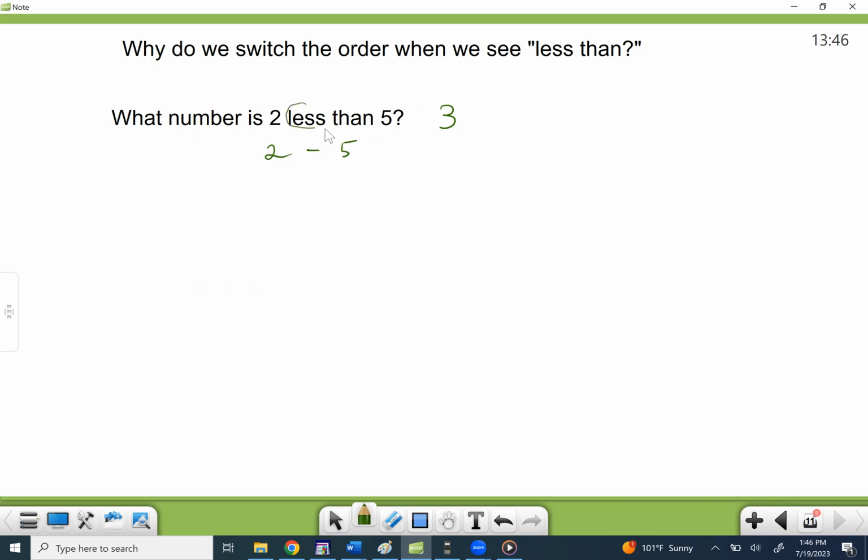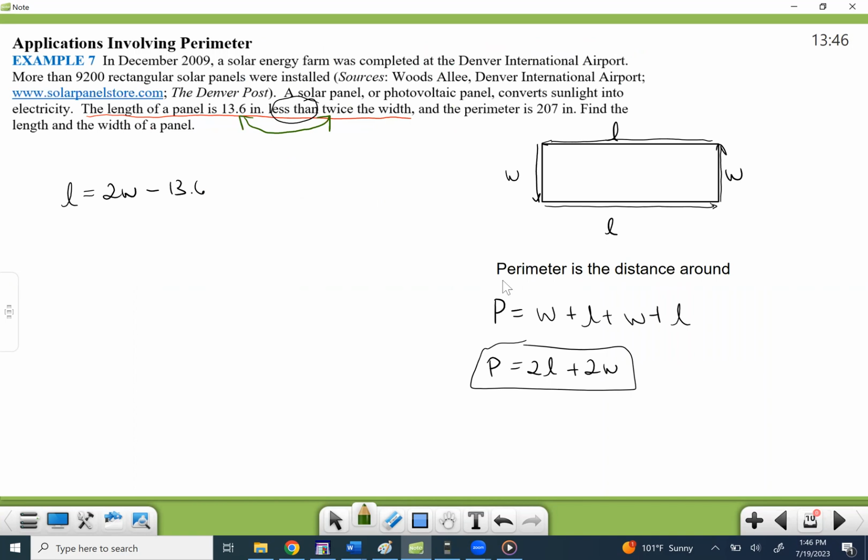We actually took the two numbers and switched the order and said 5 minus 2. That's the one that gets us 3. So anytime you see the words less than, make sure you switch the order. So I did the twice the width first over here, and then I did minus the 13.6. Okay, we're ready to go.